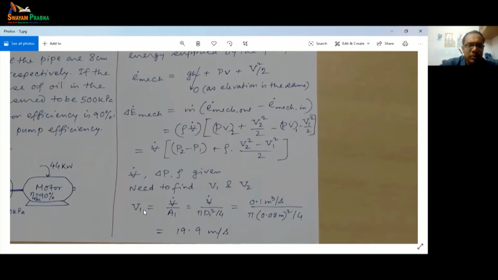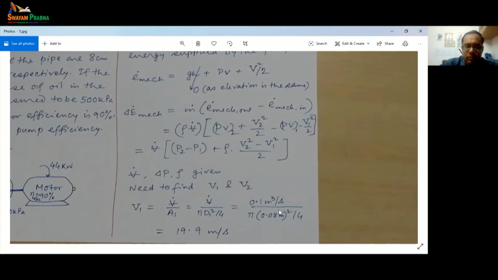So V1, how will we get it? We will get it from the given quantity, which is the volume flow rate. Volume flow rate is given, and the area in terms of the diameter of the pipe is given. So volume flow rate divided by A1, that is the velocity. So pi d1 squared by 4 is the area.